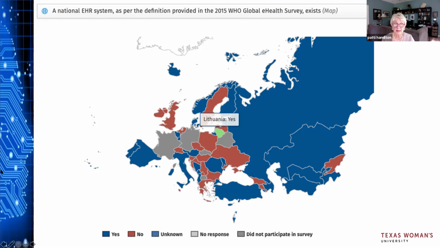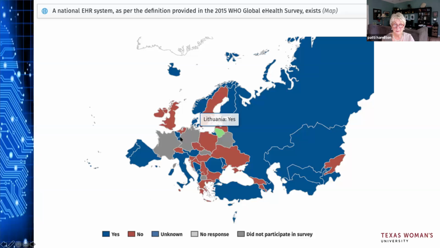And in the map that you can see on the World Health Organization's website, they had an e-health survey, and Lithuania had done very well in their e-health progress through 2015. And we saw earlier that that was an effort that was supported by legislation and by all kinds of initiatives. So good for Lithuania. You are doing well.